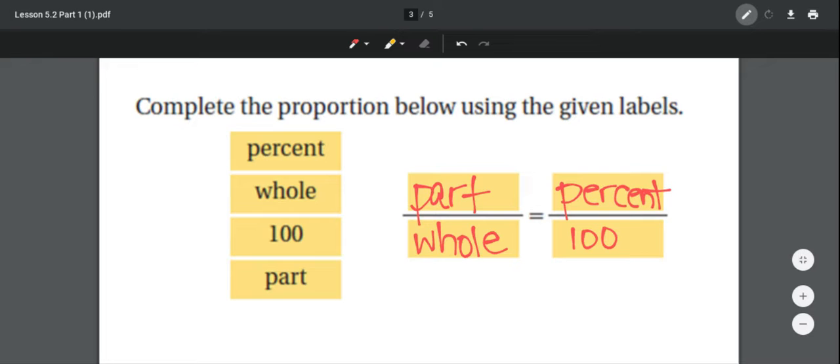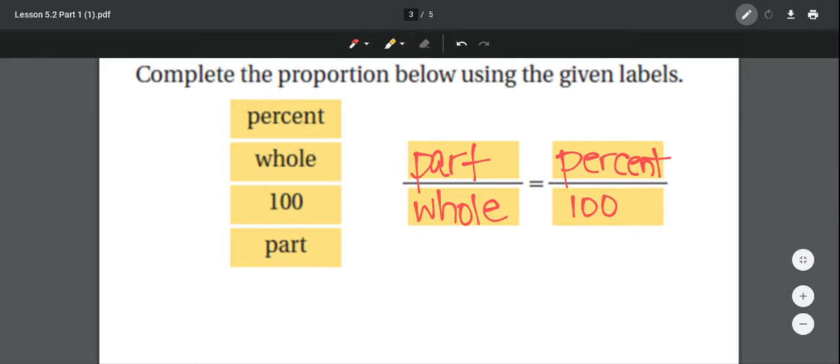Now, over the years, we've seen so many different word problems, and we noticed that the same words would pop up over and over again. So many math teachers realized that there's another proportion we can use to help us out.